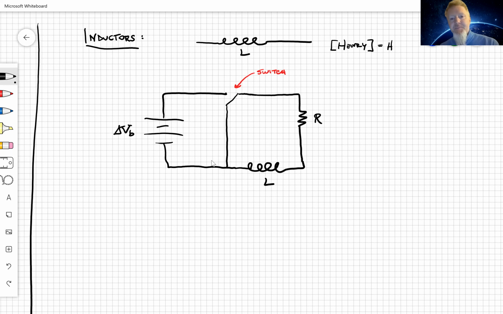All right. So when the switch was with the battery, the current was going around in a clockwise loop around the outside. So the current in the L was going from right to left through it. After the switch closes, it tries to keep that current going.